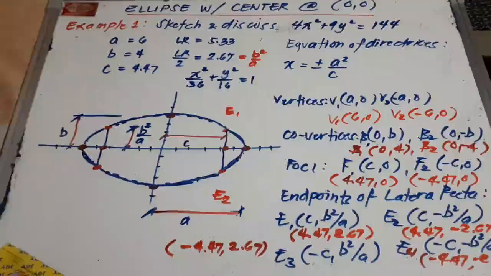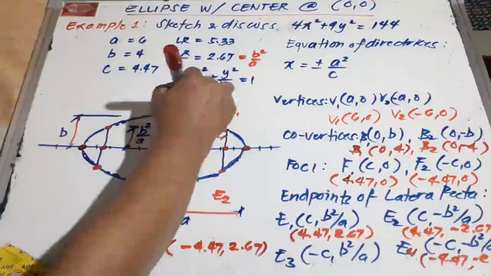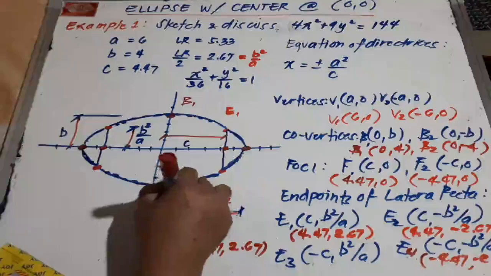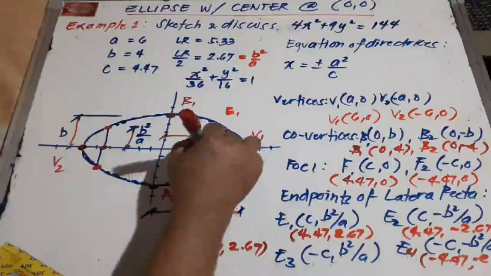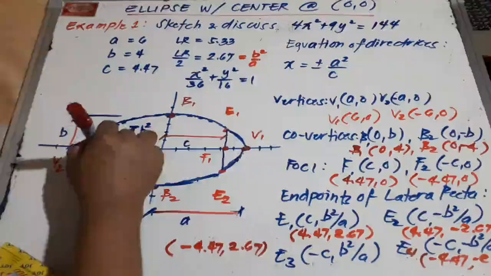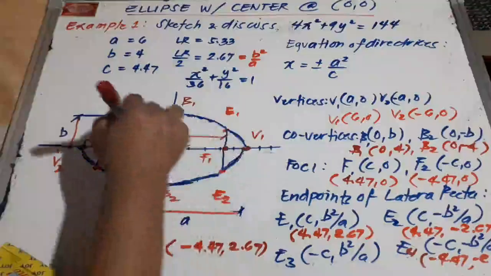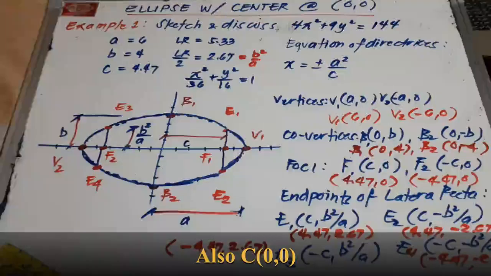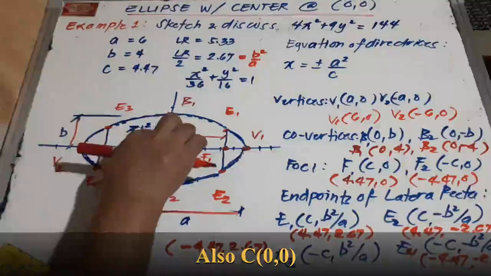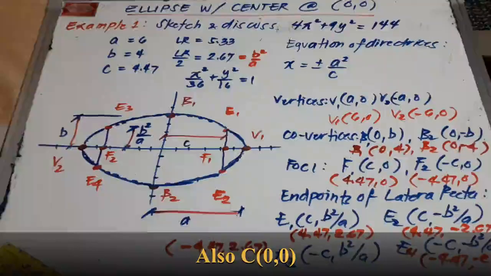And then, ito yung ating B sub 1, B sub 2, V sub 1, V sub 2, F sub 1, F sub 2, E sub 1, E sub 2, E sub 3, E sub 4. Okay? Now, ito pala yung B squared over A, yung half of the latus rectum.